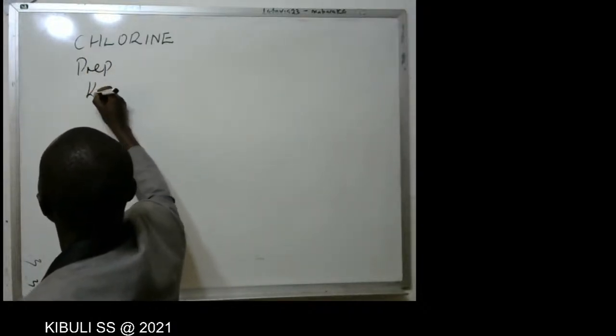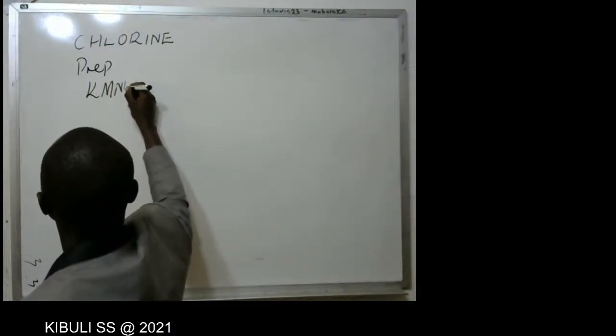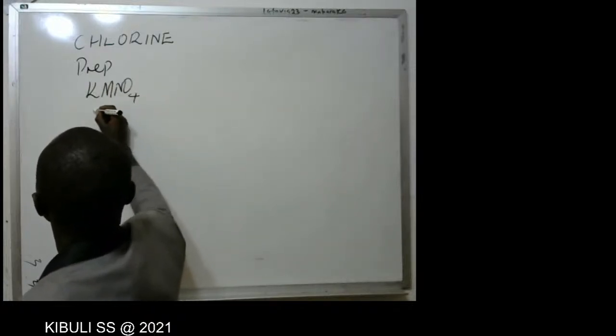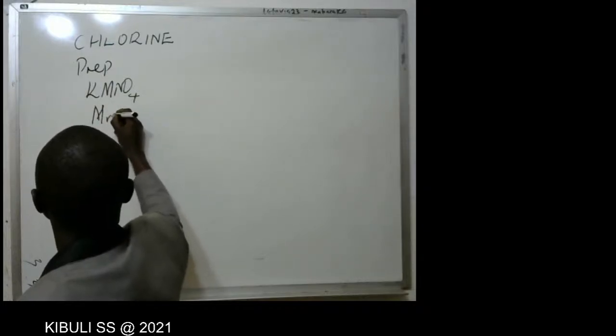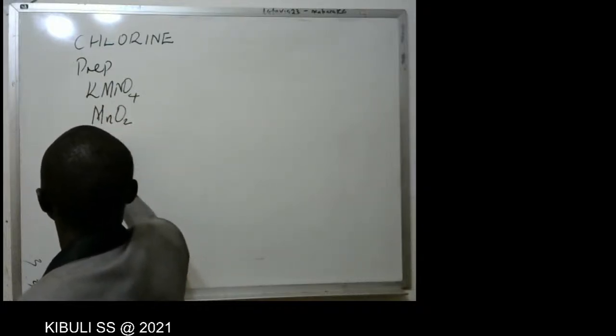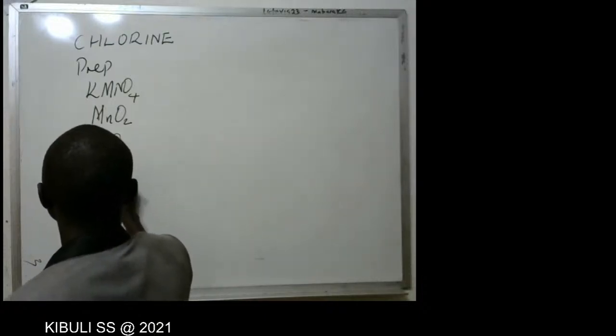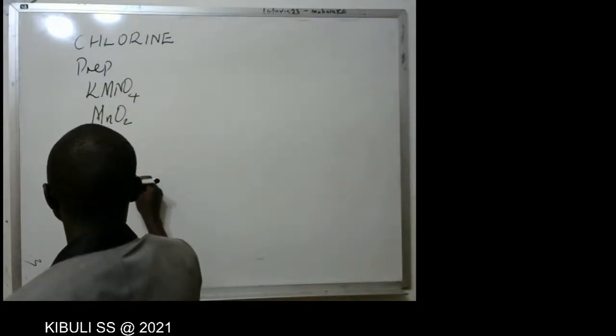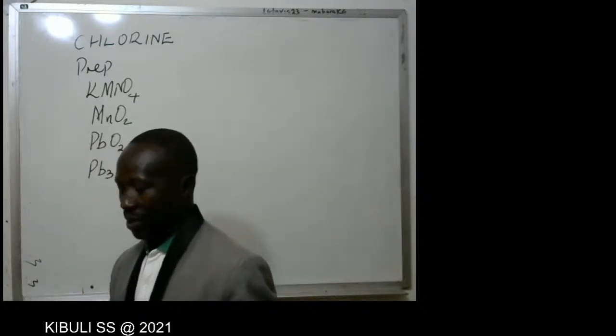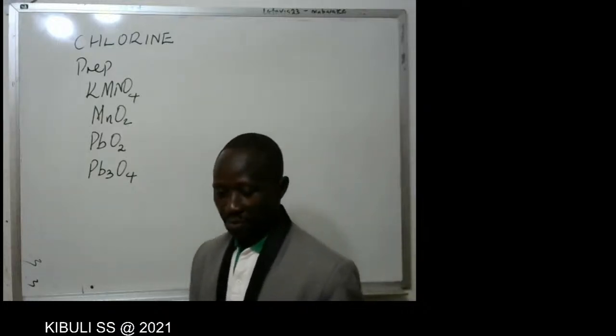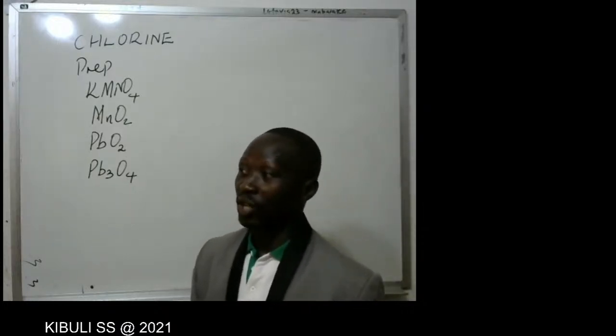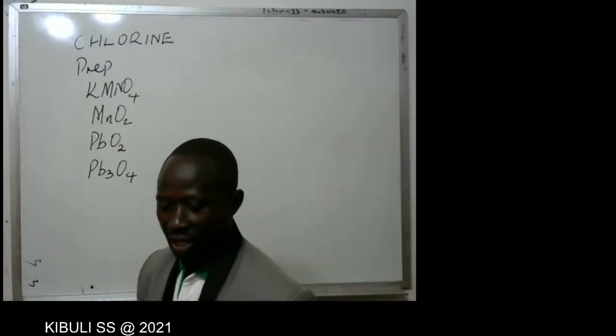So we are saying from potassium manganate 7, from manganese 4 oxide, from lead 4 oxide, and tri-lead tetraoxide. This will give us the 4 possible methods or reagents from which chlorine can be prepared.